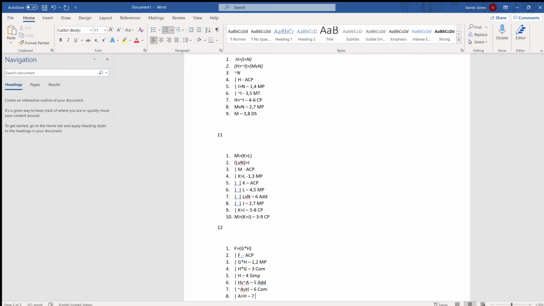Line 7, implication. Because that's what it is, right? If not, or it's not, hold on, what is it? Commutativity. No, implication.